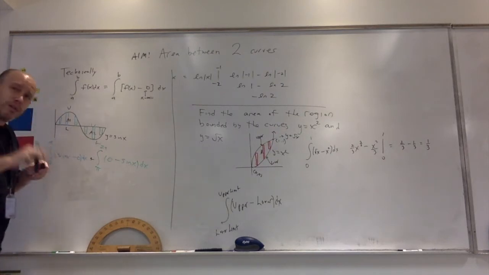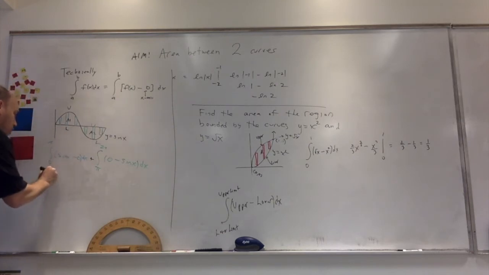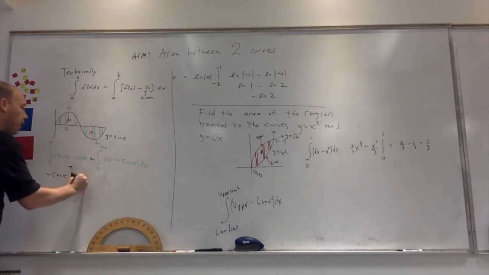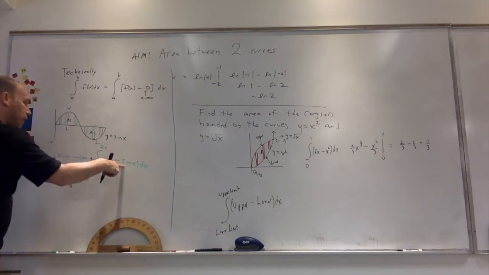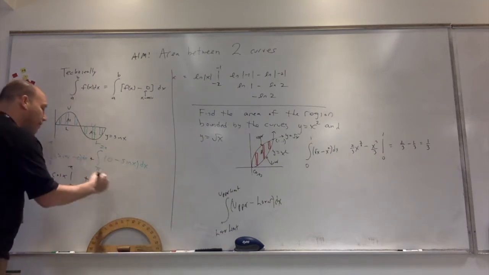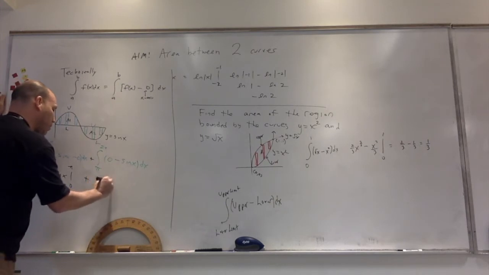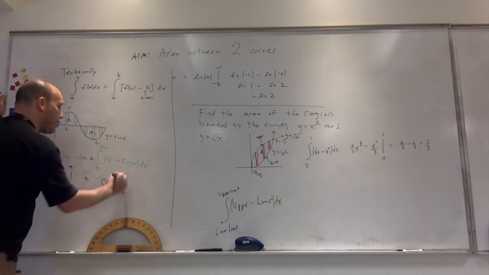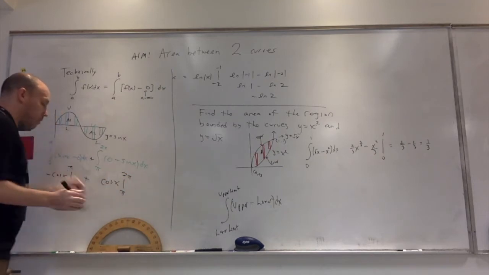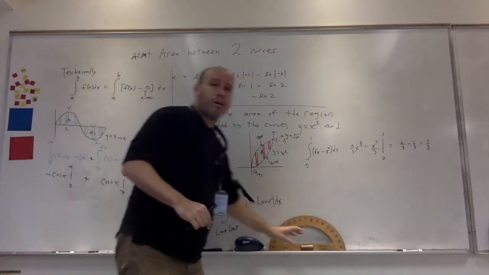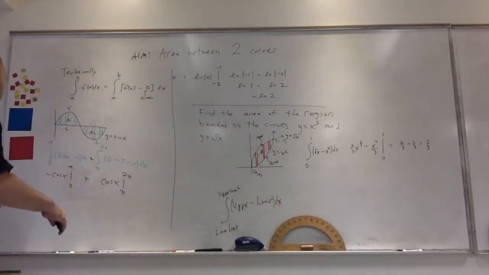What is the integral of sine of x? Negative cosine of x. This is from 0 to pi, plus, what's the integral of negative sine x? That's cosine of x, from pi to 2 pi. And you can work that out on your own. Or let's do it together.